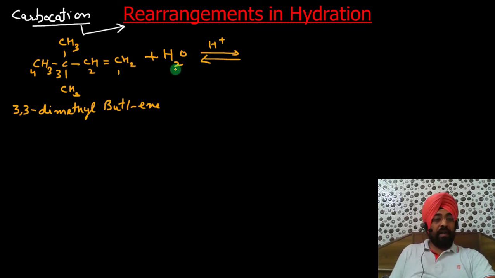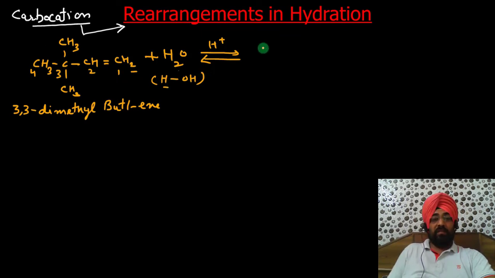Now water has to add to this C double bond C. So to one carbon hydrogen will be added and to the second carbon OH will be added. According to the Markovnikov rule, this H will go to that carbon which has the higher number of hydrogens. Carbon 1 has 2 hydrogens, carbon 2 has 1 hydrogen. So this hydrogen will go to this carbon.